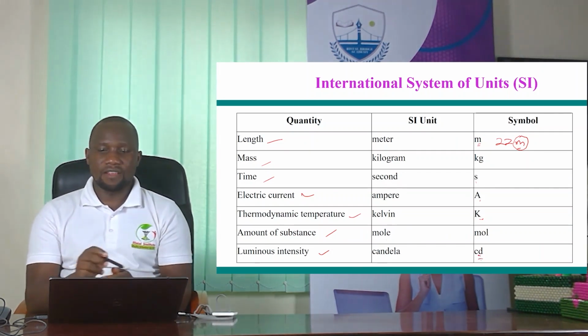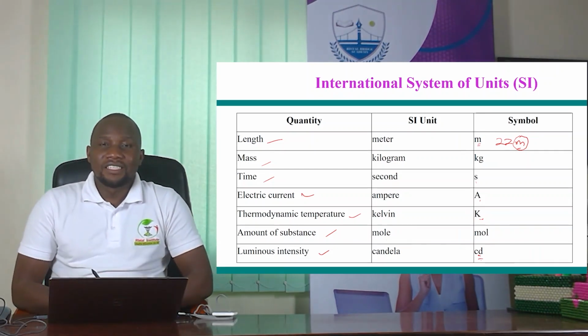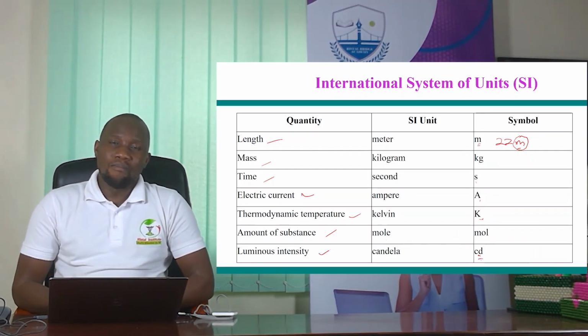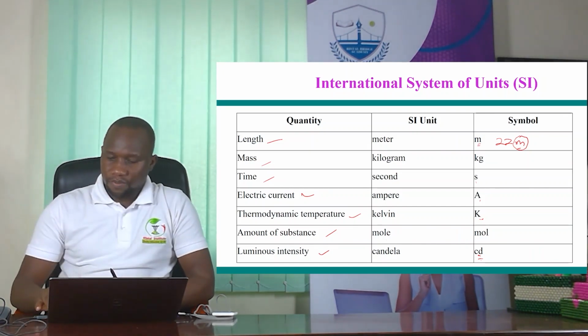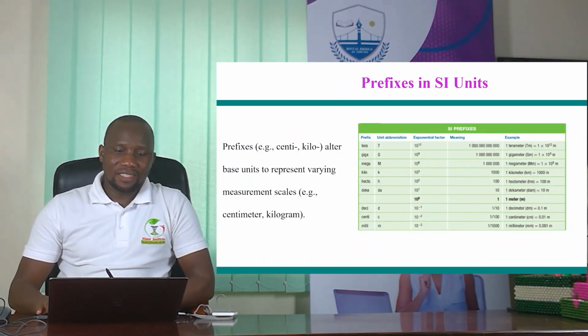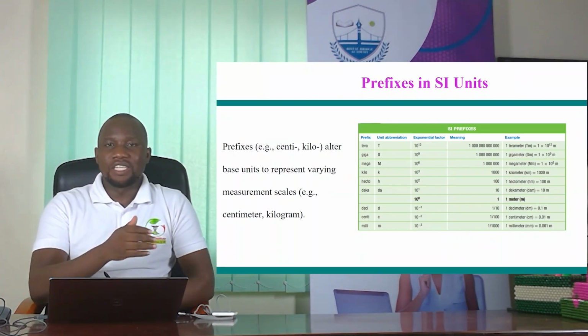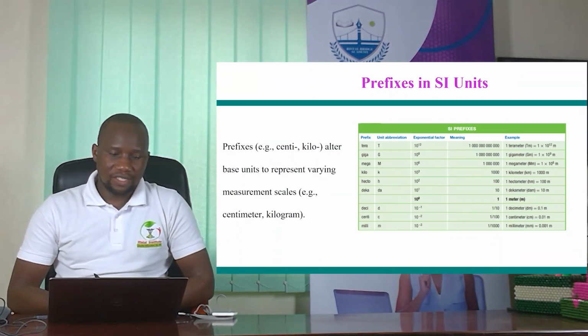Those are the 7 fundamental or base units of SI. We also have others that we get from these, which we shall look at shortly.